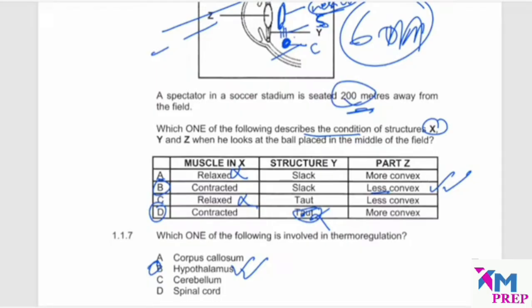Wait. They are saying that for a far object, ciliary muscles must relax. Oh, who is that? Yeah, ciliary muscles must relax. The suspensor ligament must become taut. Then the tension on the lens must increase because we are viewing an object which is far. Yes, good.